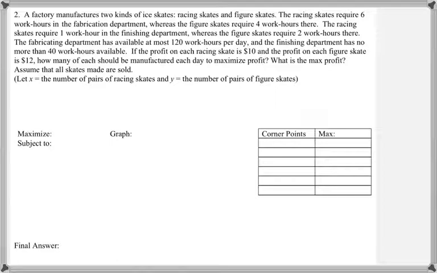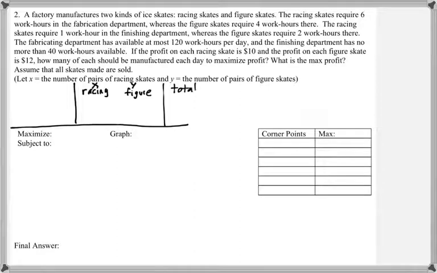So we have a lot of information here. So I'm going to set up our table, and x is the number of pairs of racing skates, y is the figure skates, and then we have the totals column.